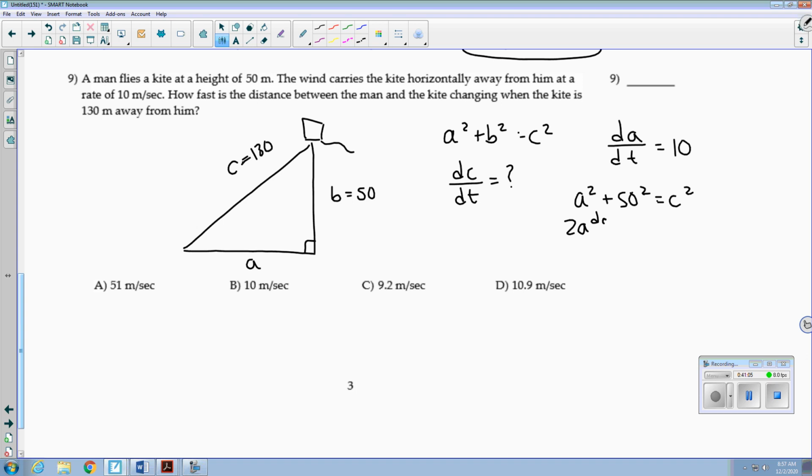So when we differentiate with respect to time, plus 0 equals 2c dc dt. dc dt is what we're looking for. Do we have an a right now? We don't, but again, at this point in time, we're given 2 of the 3 sides, so we can use the Pythagorean theorem to find the third, and we should get 120.